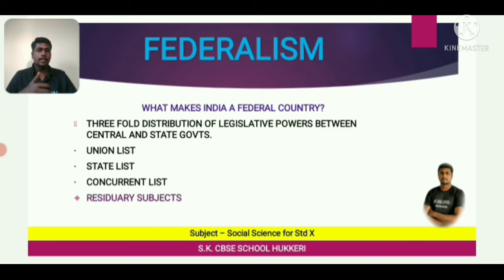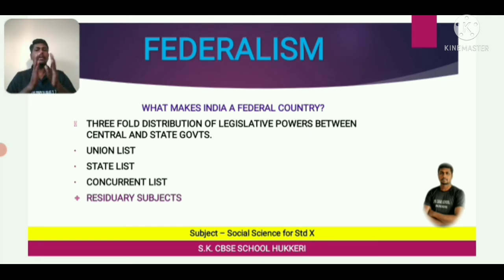Once again I repeat, the subjects which are not included in the union list, state list or concurrent list, in any of these three lists, those subjects or matters are called residuary subjects.